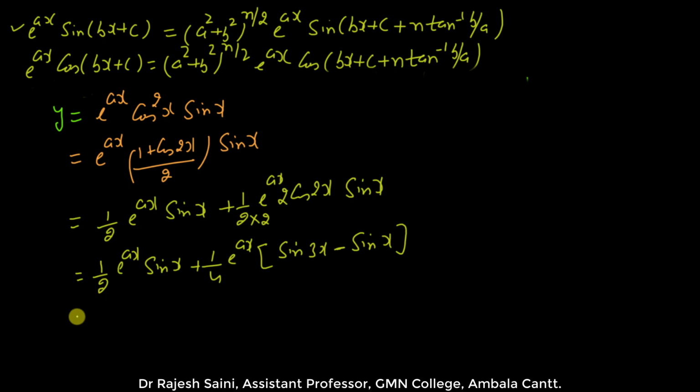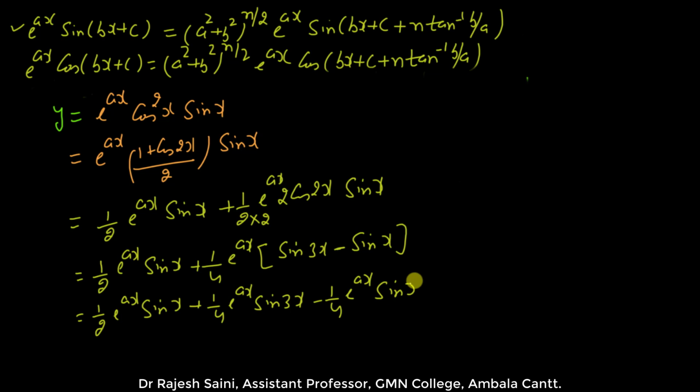So this will be 1 by 2 e raised to the power ax sine x plus 1 by 4 e raised to the power ax sine 3x minus 1 by 4 e raised to the power ax sine x.